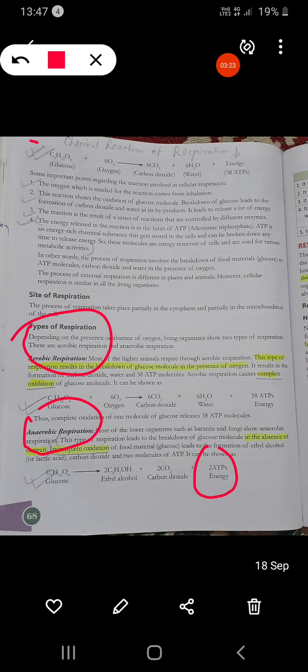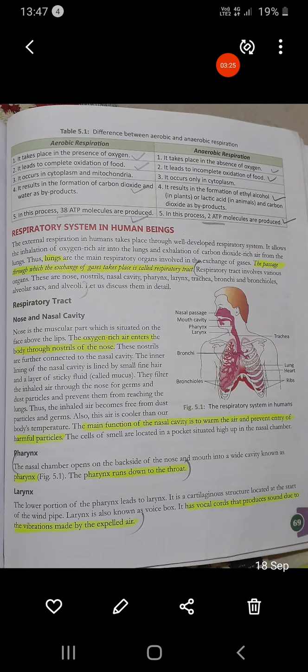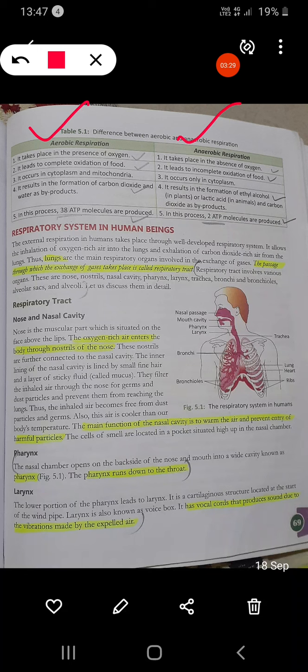Now children, you can see the differences between aerobic and anaerobic respiration. From the name it is clear, one happens in the presence of oxygen. The other one happens in the absence of oxygen. Children, it is the complete oxidation of food. It is incomplete oxidation of food.